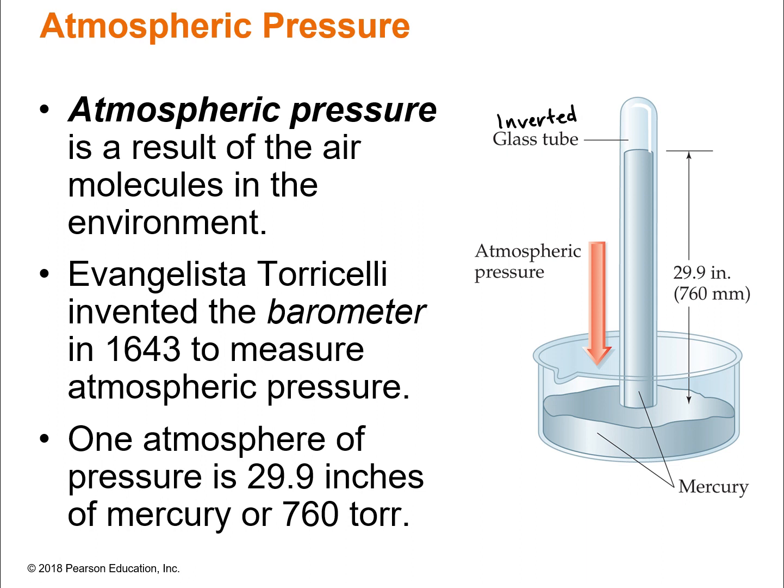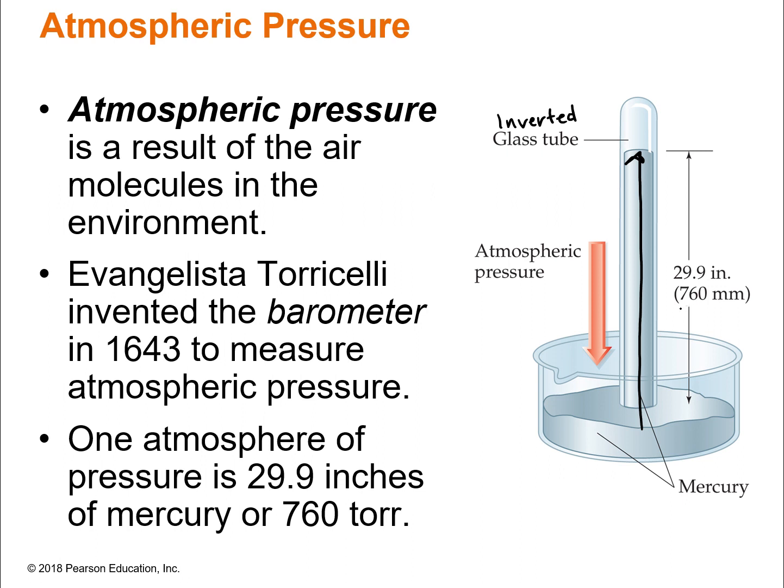And when the pressure from the atmosphere pushes down on the mercury, it causes some of that mercury to travel up this tube. You can literally take a meter stick and measure how high the level is. You can also take a ruler or yardstick or something like that. And whatever you measure, that is the atmospheric pressure.